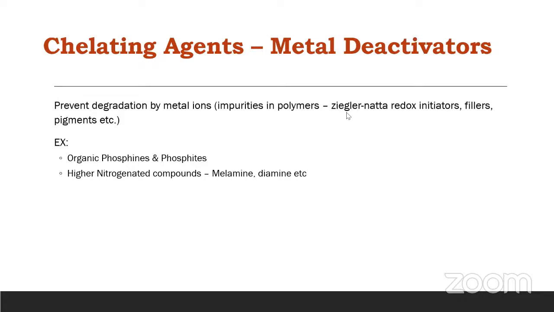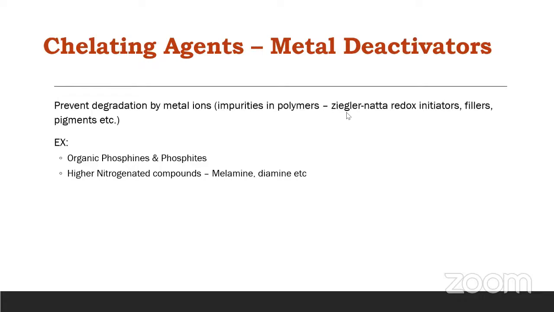Or some fillers or pigments are added, or like Ziegler-Natta redox initiators. So these Ziegler-Natta initiators or catalysts are used while converting your monomer to polymer. Then when your polymer is being formed, some of the metal impurities are left in your final polymer.